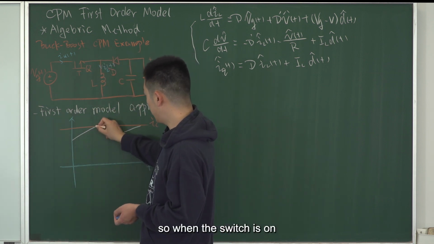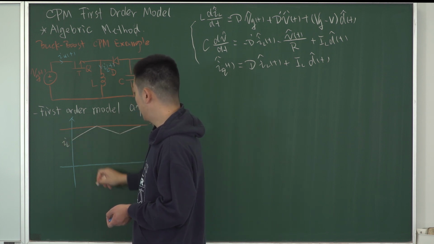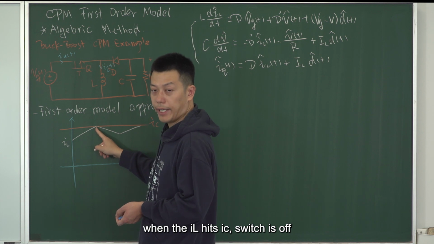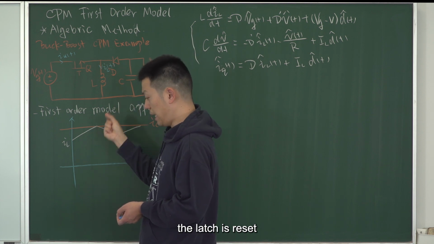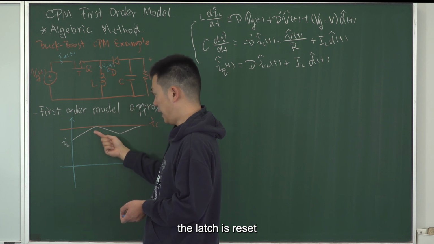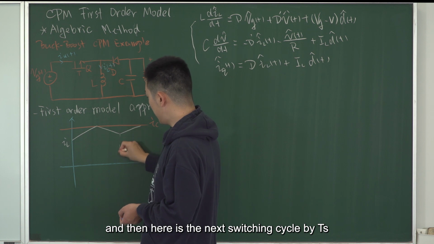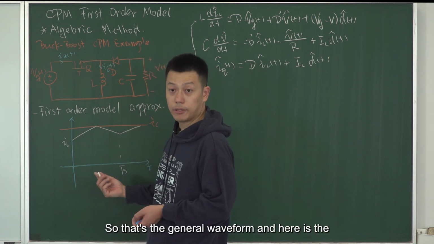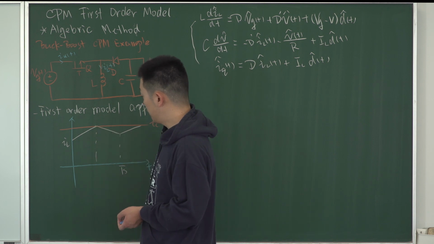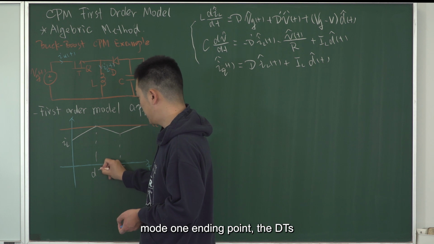When the switch is on, IL rises linearly. When IL hits IC, the switch is off and the latch is reset, so IL begins to drop linearly. And then here is the next switching cycle, TS. So that's the general waveform, and here is the mode 1 ending point, D times TS.